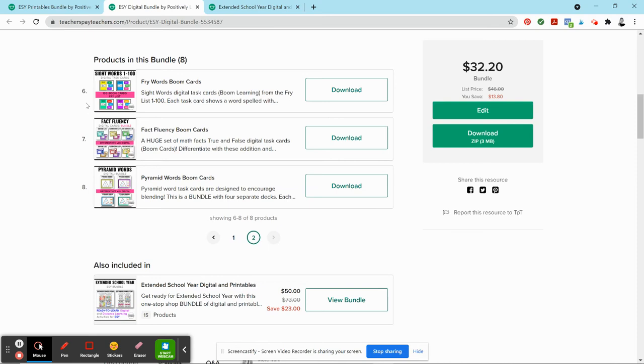These are technically straight on identifying, recognizing sight words. There's fact fluency. There's 6 different sets of differentiated addition and subtraction and mixed practice math facts. And then there's some pyramid words, 4 different sets, which are perfect for differentiated phonics.